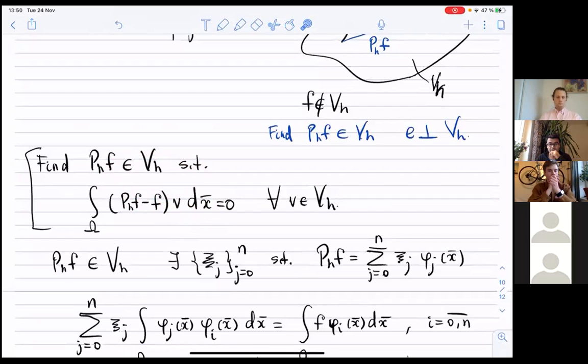I promised you that I will come back to this property a bit later, maybe not now, but after a few minutes, once we introduce an equation. Then we come back and we will see that this L2 projection is actually something reasonable. The Galerkin formulation actually uses this L2 projection.